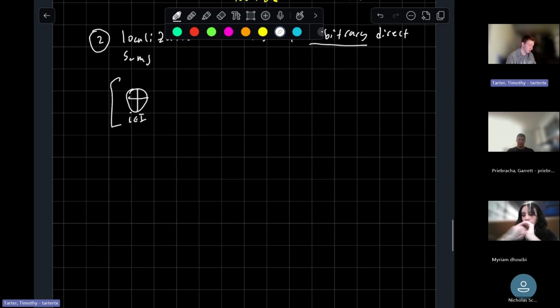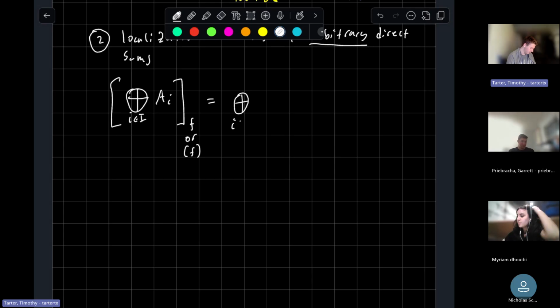So like the real numbers are uncountable. Q is a countable set. Both are infinite. So these A_i's localized at f, or the ideal generated by f, is equal to the direct sum over i in I of A_i localized at f, or the ideal generated by f.